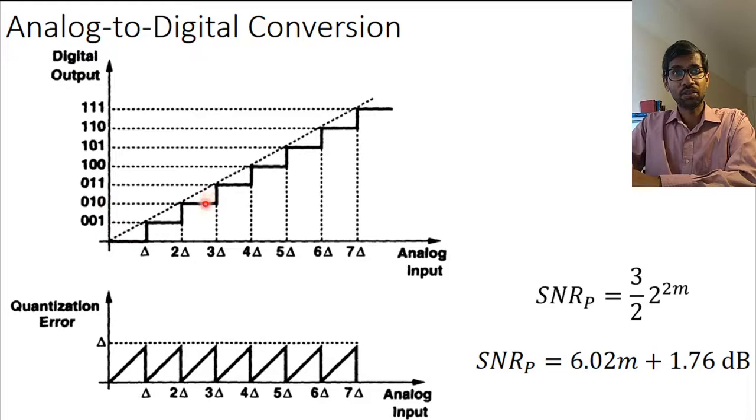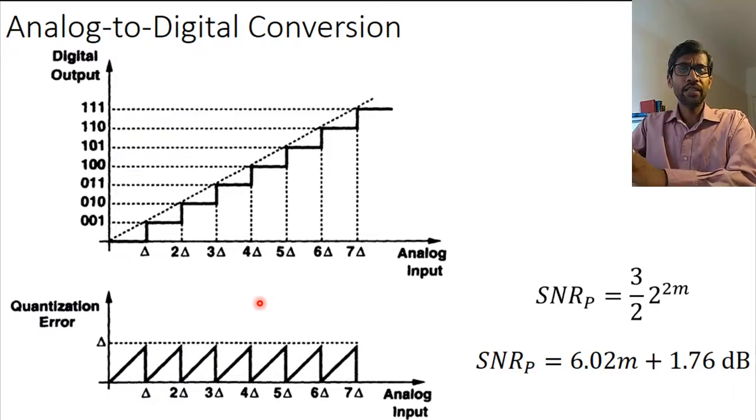So there is a large error as we go towards the end of the interval. Now, we have mentioned this before. Analog to digital conversion, this quantization that we are doing here, is lossy. You'll always have some error, and you can't help it, right?